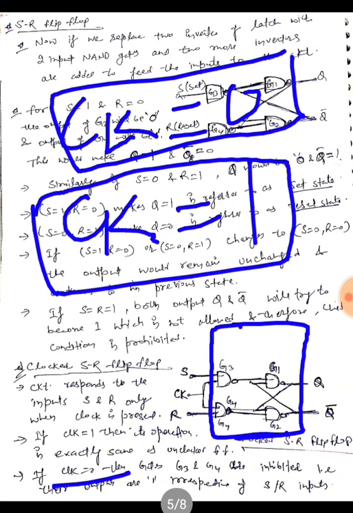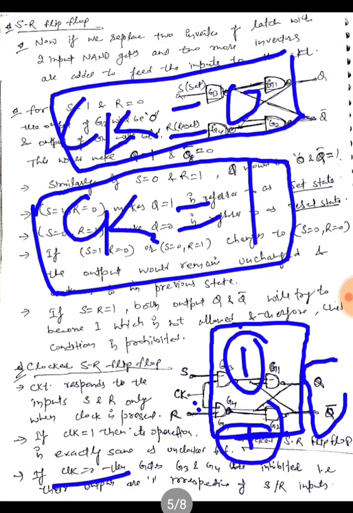So if clock is 0, the outputs would be 1 and 1, so it will not work.